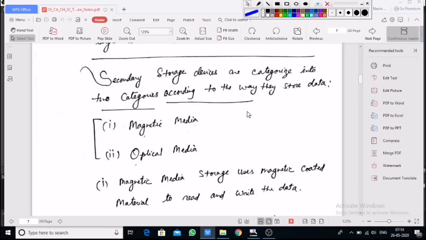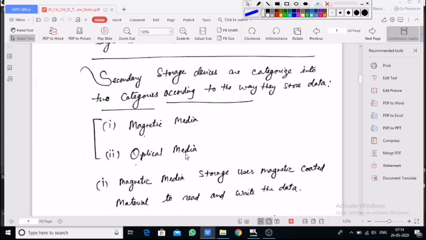It came in a packet bundle of 10 pieces in a pack, and was very cheap compared to a hard disk drive and other devices. But the drawback with the floppy disk was that it was not durable, right? So that was magnetic media: hard disk drive and floppy disk drive.